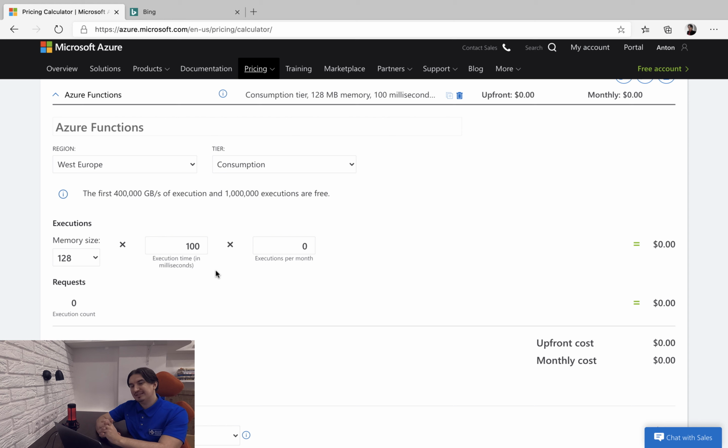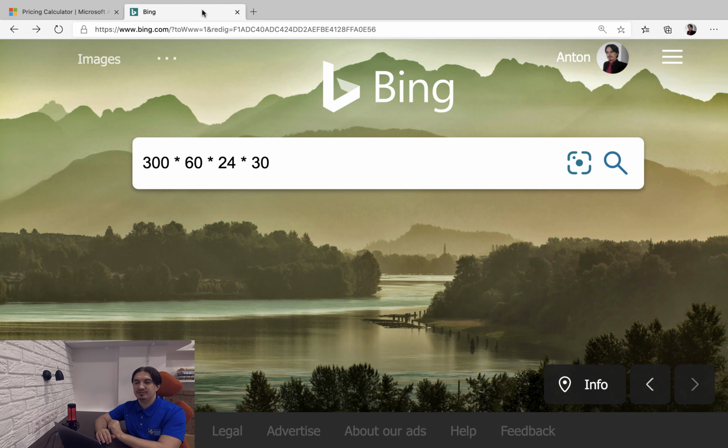The next part is a bit trickier. Now we need to understand how many invocations we will have per month, and for that, let me use this simple formula. As we saw on those graphs, we have 300 invocations per minute.